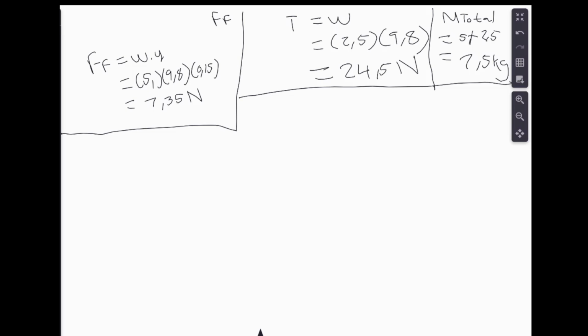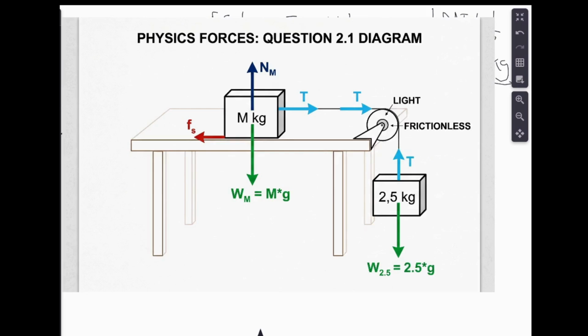Now, because of Newton's second law, we know that F net is equal to mass times acceleration. F net is the tension minus the frictional force, because the frictional force is acting on the table. Remember here, the frictional force is acting in the opposite direction. The 2.5 kg is pulling the two masses downwards.